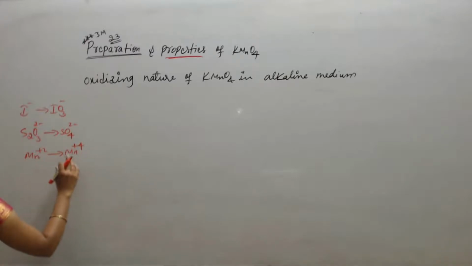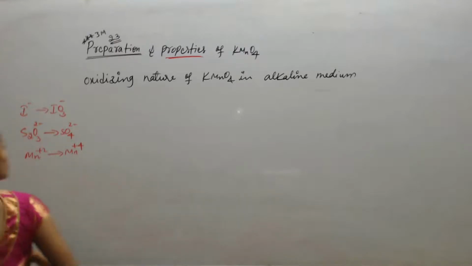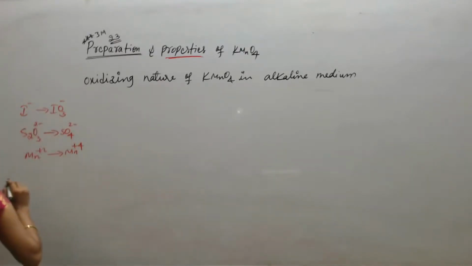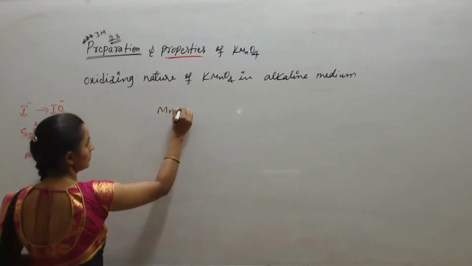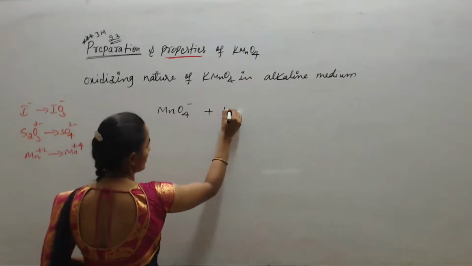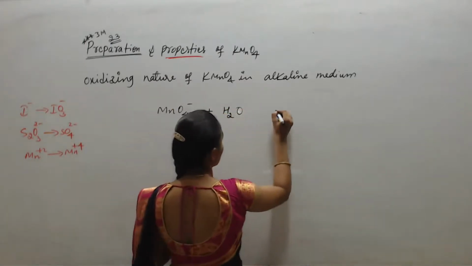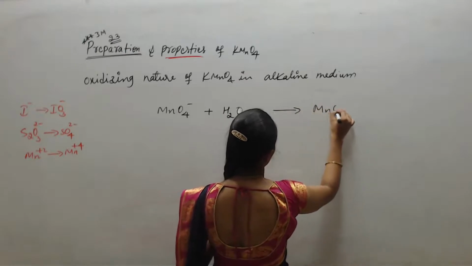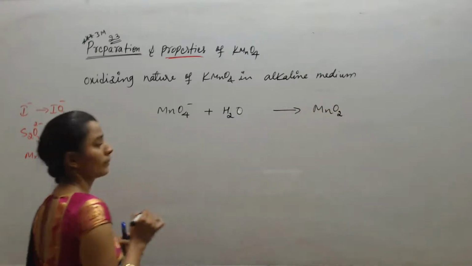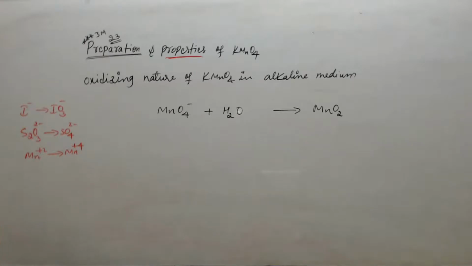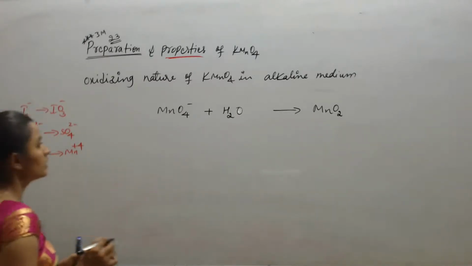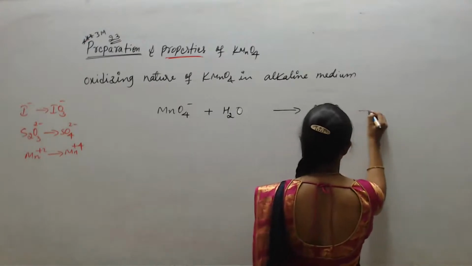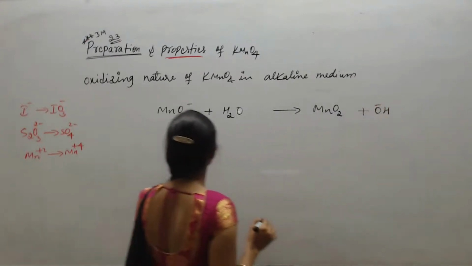So here what happens? The oxidation state increases. Again the same thing. Oxidizing nature means it gets reduced. So students, here again I will write the general equation for that. MnO4 minus, in presence of alkali, changes to what? MnO2. Okay, as I told you, it changes from plus 7 oxidation to what? Plus 4 oxidation state in OH minus.